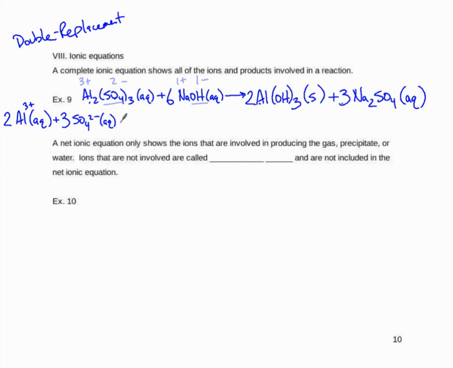We do the same thing moving on. We have 6 sodiums. So here's my Na+, and the subscript is 1, but there are 6 in the coefficient. So there's 6. Same thing with the hydroxide, 6 OH- aqueous.